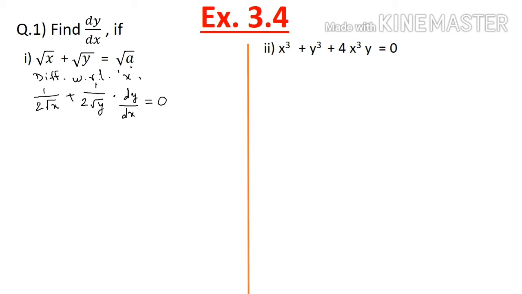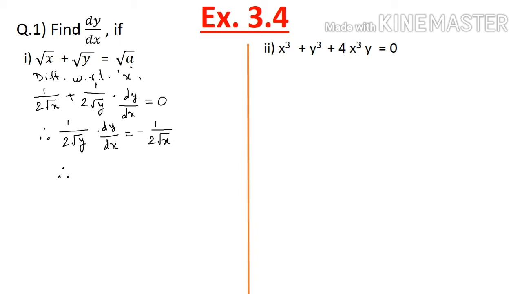Now we will take this 1 upon 2 root x to the RHS. So therefore, 1 upon 2 root y into dy by dx is equal to minus of 1 upon 2 root x. Have you understood? This 1 upon 2 root x was for addition, so when you take it to the RHS, it will become negative. And now we have to find dy by dx, so we will take this 1 upon 2 root y also to the RHS.